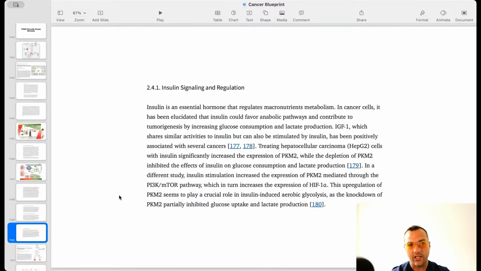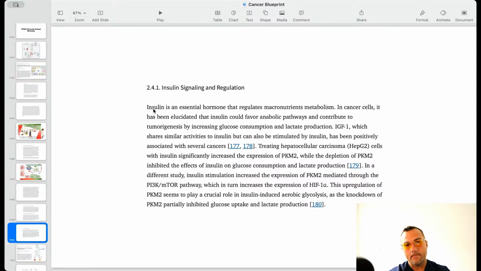So what I'm trying to highlight here is that by being on a high carbohydrate diet, by having high insulin levels, by being pre-diabetic or diabetic, you are basically set up for failure for cancer in general.